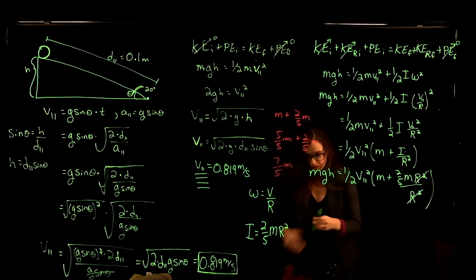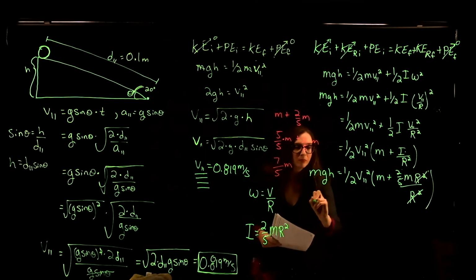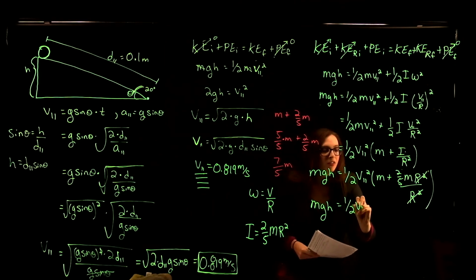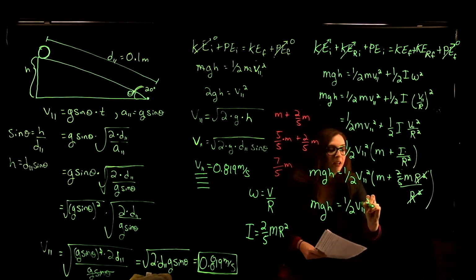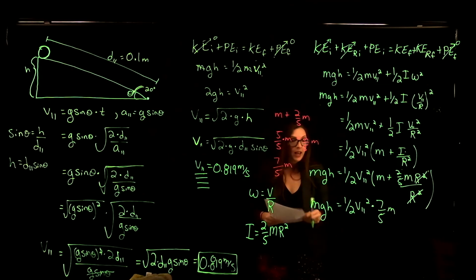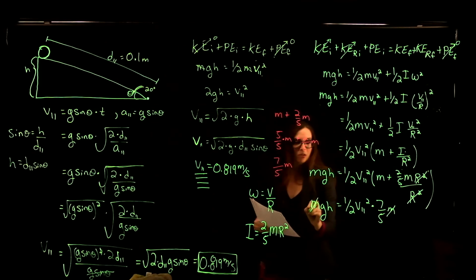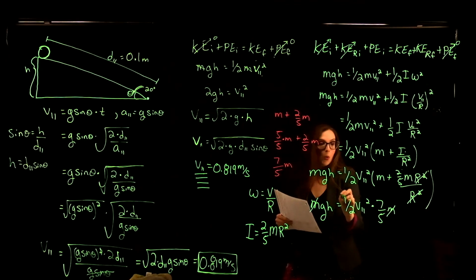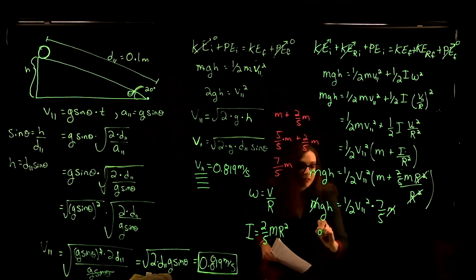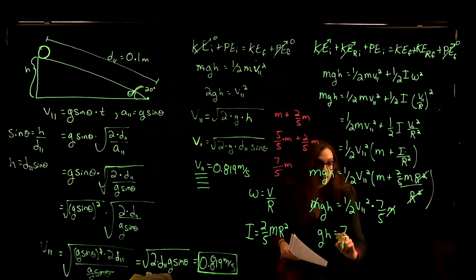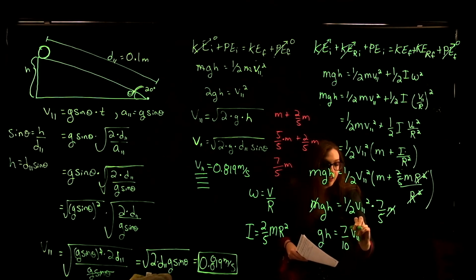So then this is equal to mgh equals 1/2 v parallel squared times 7/5 m. And my m cancels on both sides. If I take 1/2 times 7/5, that's 7/10 v parallel squared.